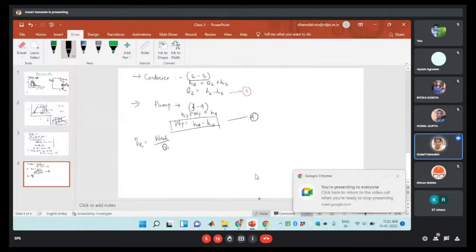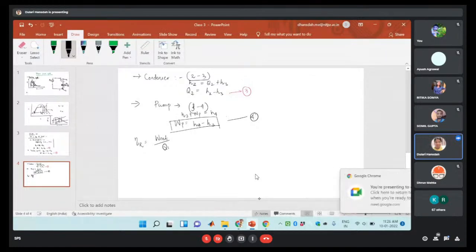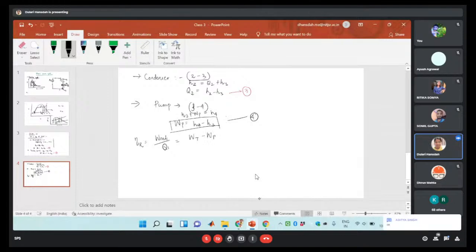Okay, the Rankine cycle here is a heat engine, so we can find the efficiency in terms of output upon heat input. W net is the difference of the work, that is WT minus WP, right? The heat input is Q1.